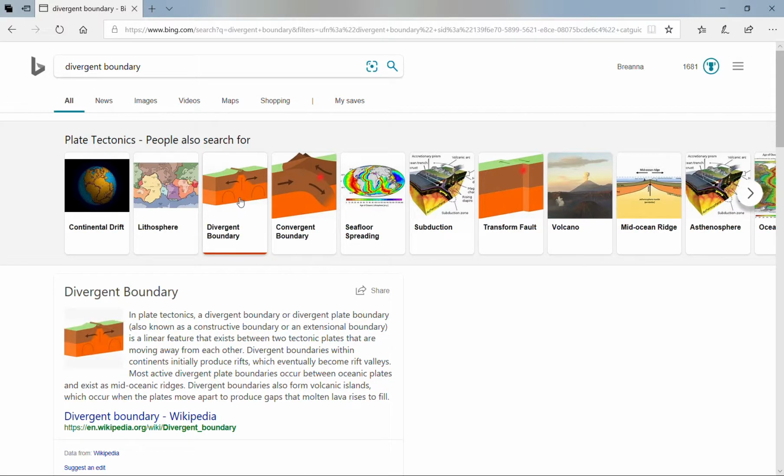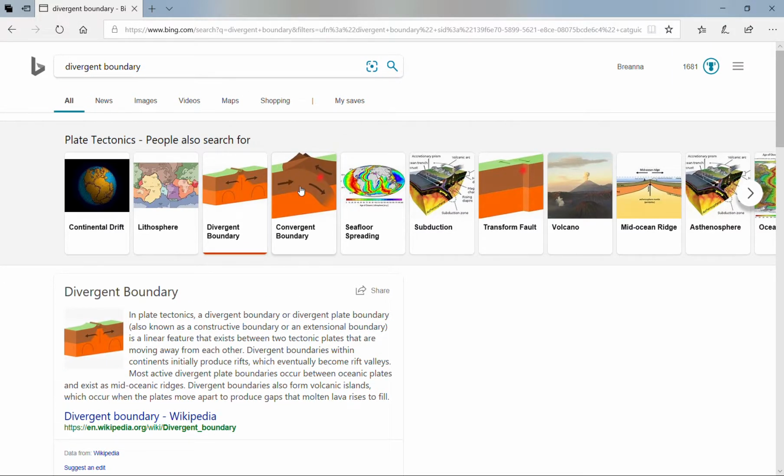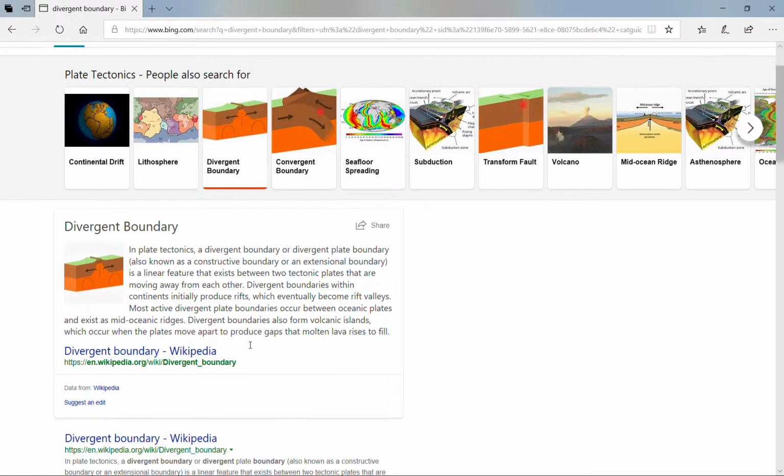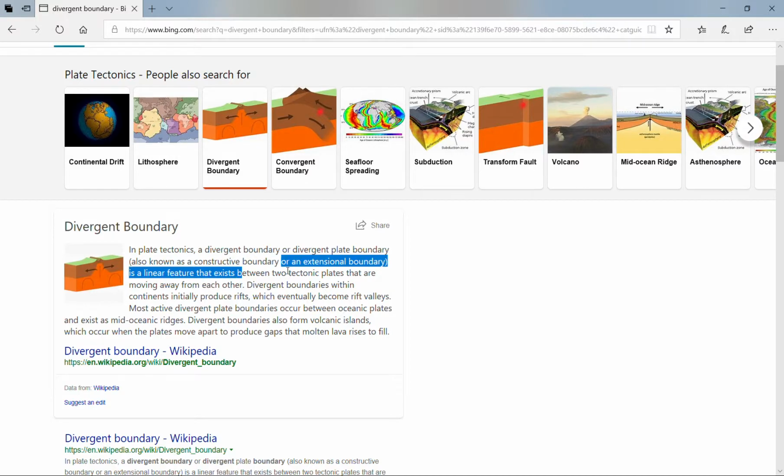There are the divergent boundaries, which make mountains. So this makes a volcano. This makes a mountain, I'm pretty sure. Wait. A divergent plate boundary, also known as a constructive boundary, exists between two tectonic plates that are moving away from each other.